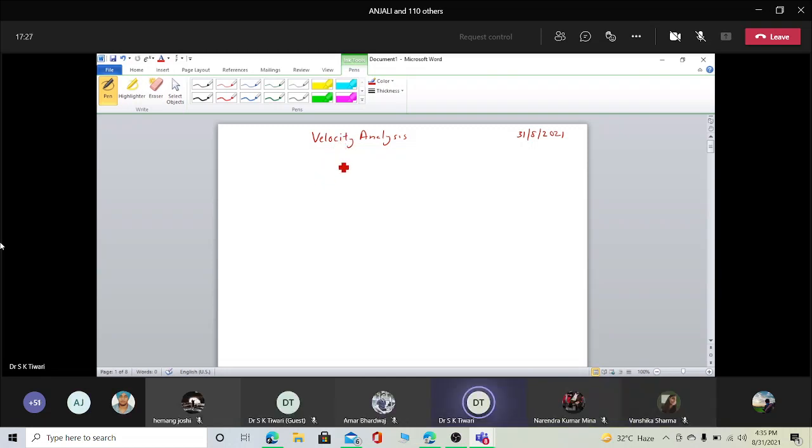You know that velocity is a scalar quantity or a vector quantity? Vector quantity. It means it's going to have both magnitude as well as direction.